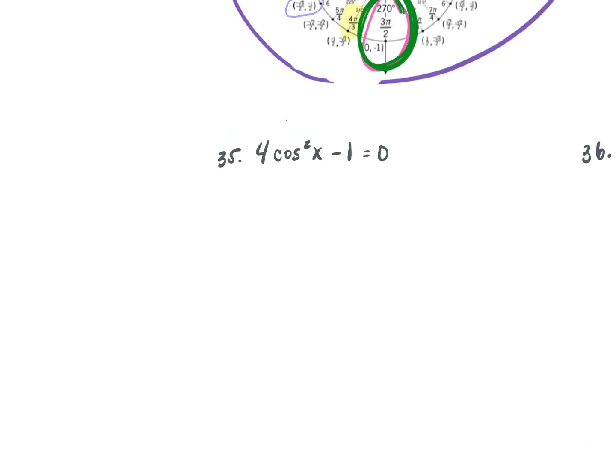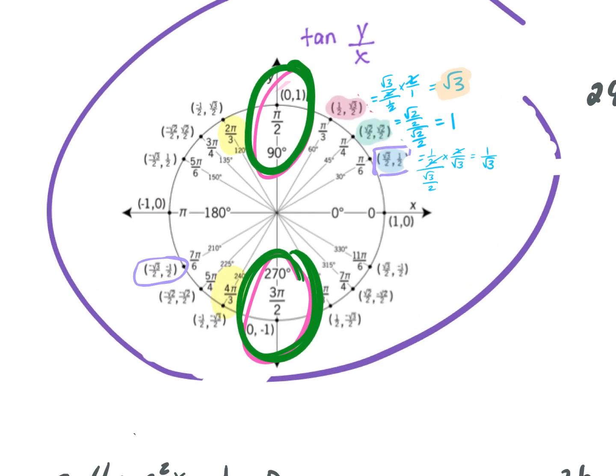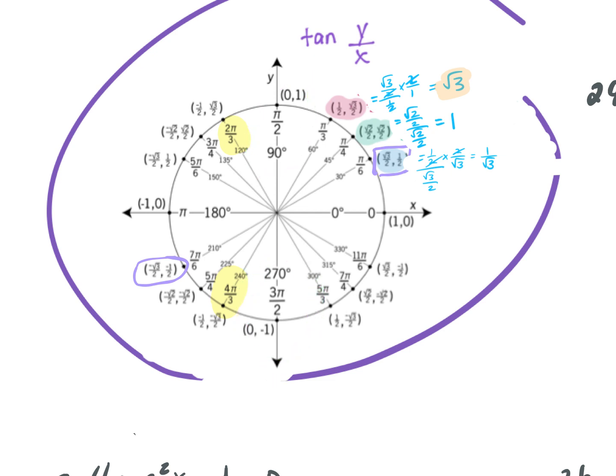So let's go to our unit circle. We already found our first quadrant tangents. So what would be the first quadrant? What would be our answer? Pi over 3, because that gave us square root 3. Now we're looking for positive and negative square root 3. So where else would we have? 2 pi over 3.